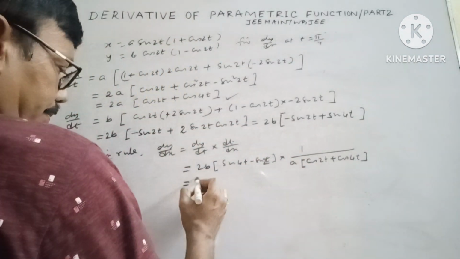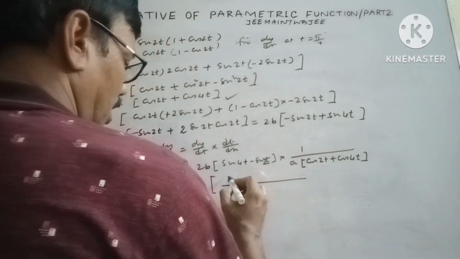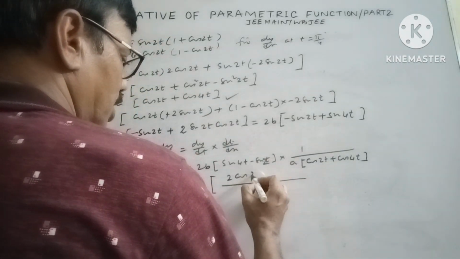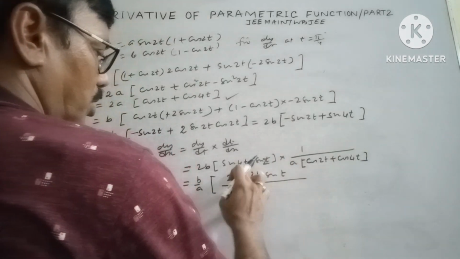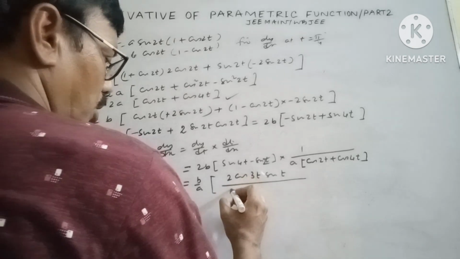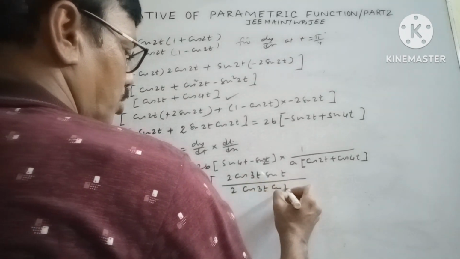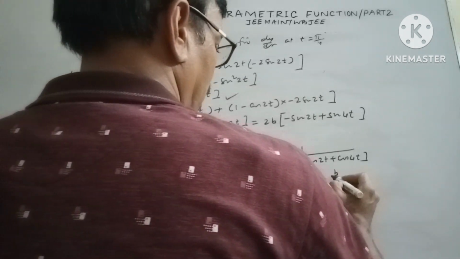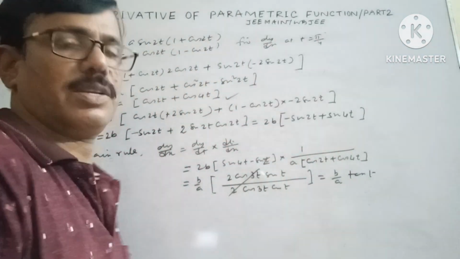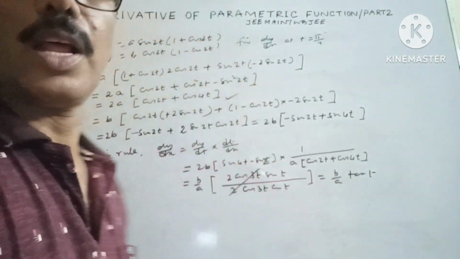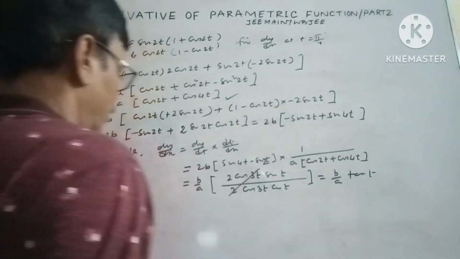So b by a, I have already stated the formula for sin C minus sin D. So 2 cos 3t into sin t, and 2 cos 3t into cos t. So finally we are getting b by a tan t. So very simplified form. I am saying repeatedly, do not leave it in this form.